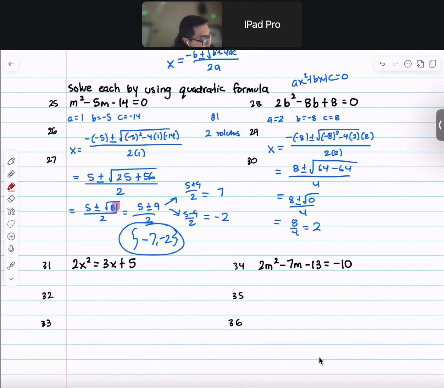The discriminant is the number on the inside of the square root, which is 0. Now remember, if the discriminant is 0, you are only going to have one solution, which is what we found. We found the answer to be just 2.